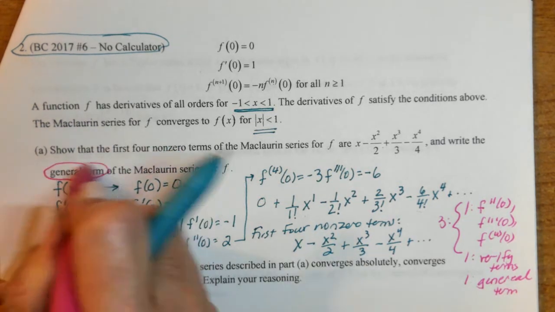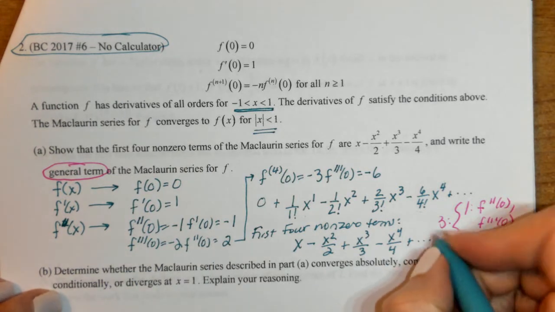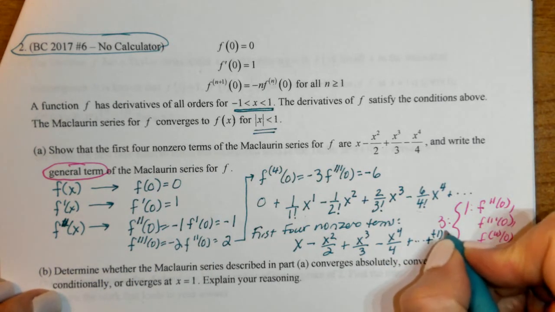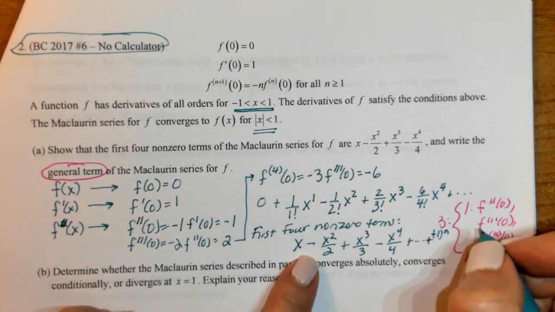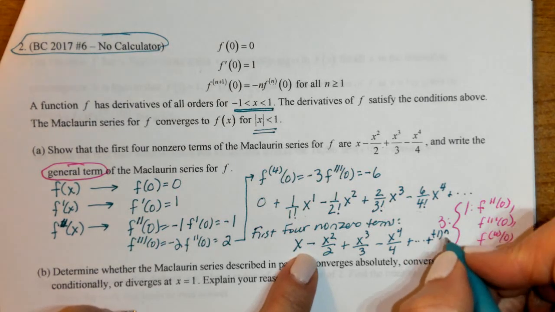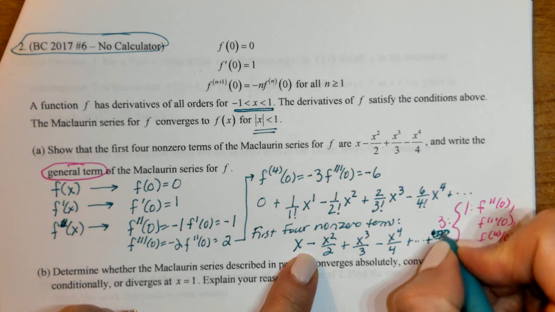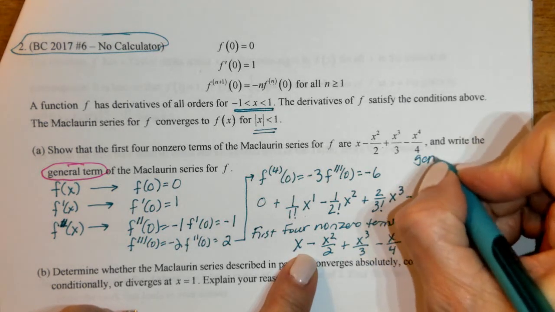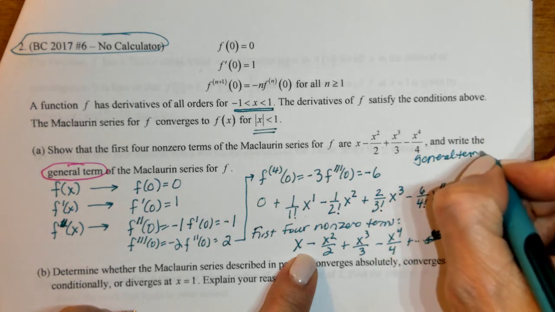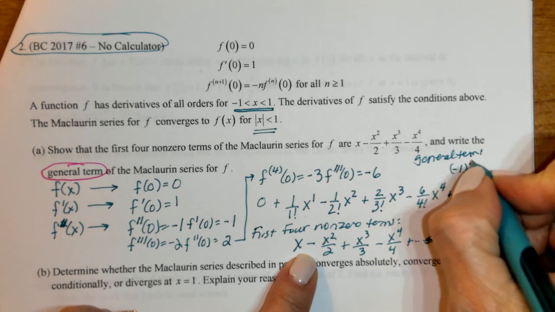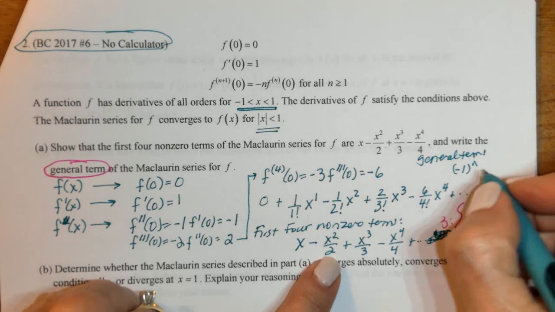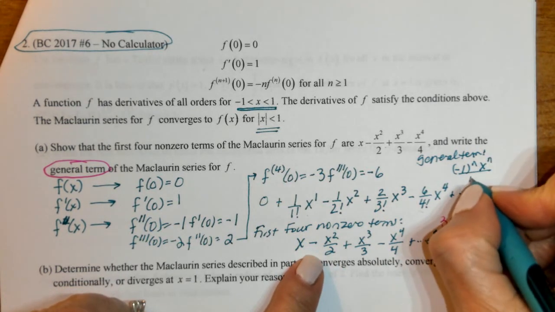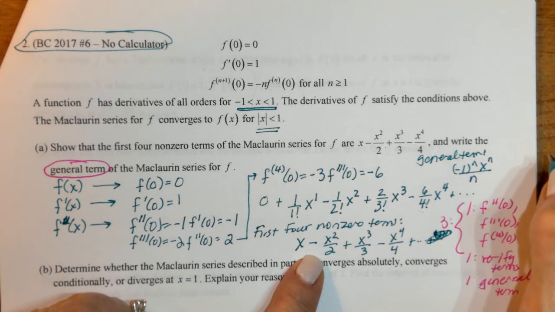We do need the general term here. So let's write the general term here. We're going to need a negative 1 to the n because we're alternating in sign. Let me write the general term up here. Negative 1 to the n, and then x to the n over n, right?